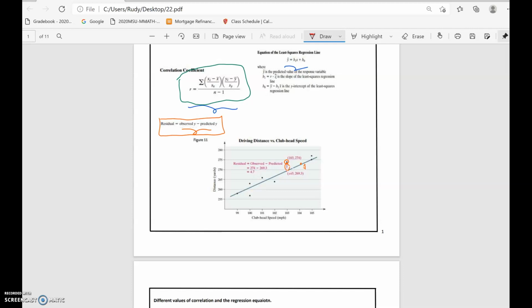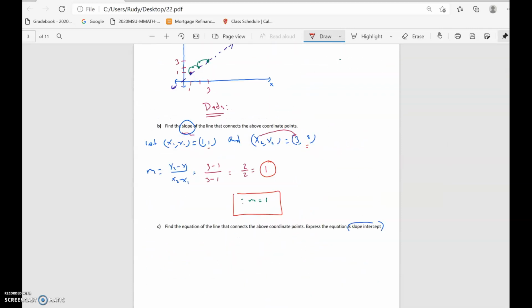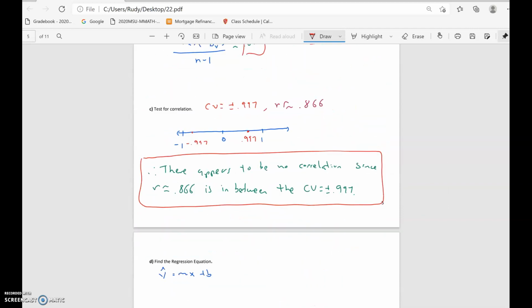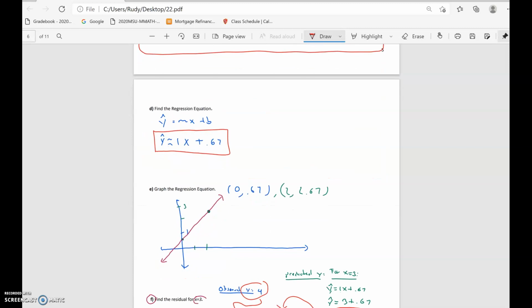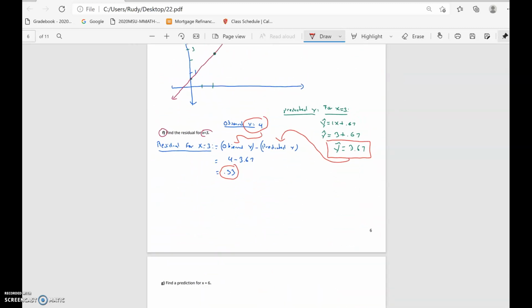The distance from the y hat to a given value of x is equal to 3, for the y coordinate, is 0.33. So the calculation that we did represents this 0.33 value. That's what the residual represents. It's just the distance from any coordinate point to a predicted y. In this case, it ended up being 0.33.